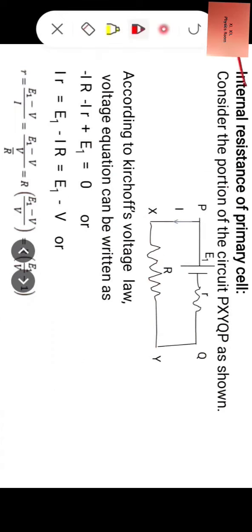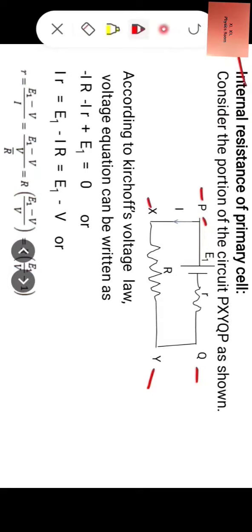Now internal resistance of primary cell. Consider the portion of the circuit P, X, Y, Q and P as shown in diagram.